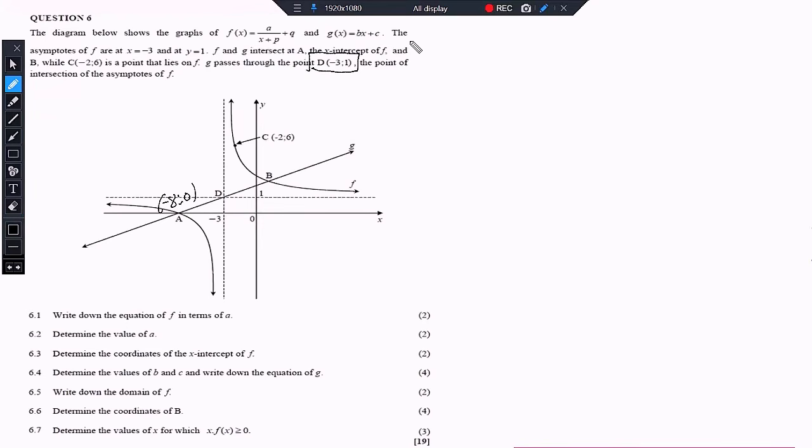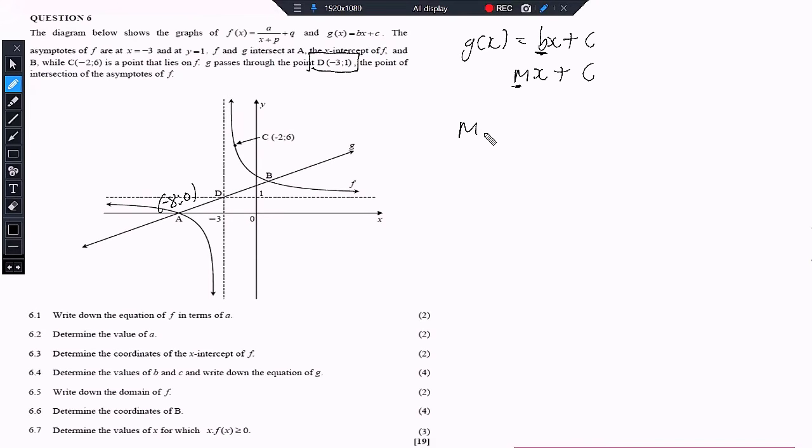Now, looking at this here, g of x is equal to bx plus c. We can tell that this is written in the form of mx plus c, where our b here is actually indicating the gradient of the equation, right? So by calculating the gradient of this straight line, we would have found the value of b.